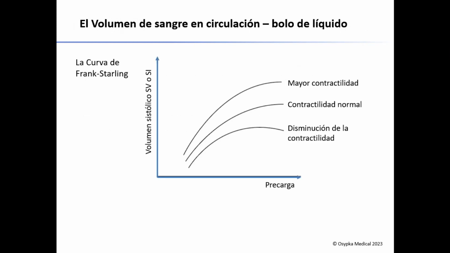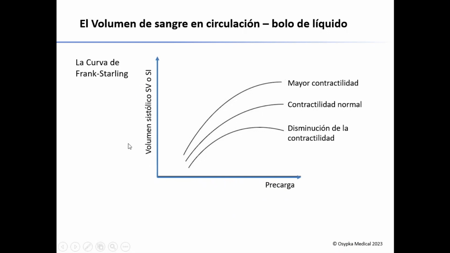Yeah, let's quickly look at the Frank-Starling curve. These are curves for different patients. That's a patient with normal contractility, high and low contractility. And the idea is we have on the horizontal axis the preload, and on the y-axis the stroke volume.